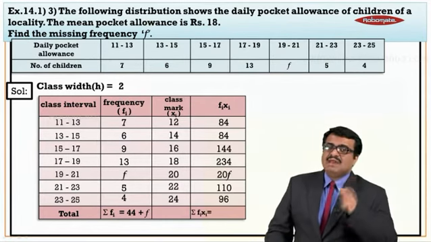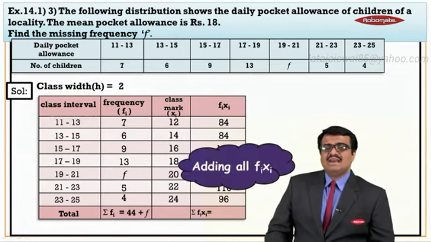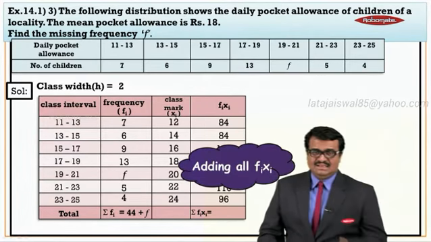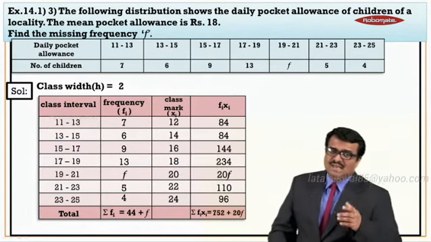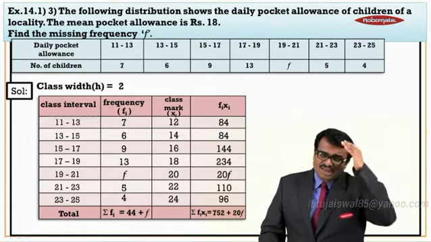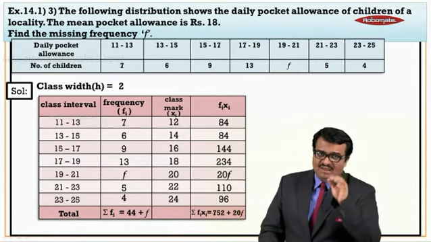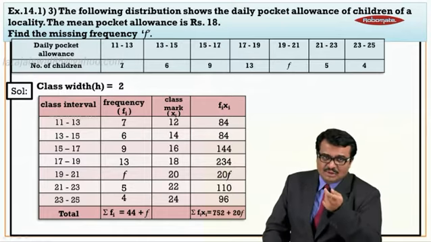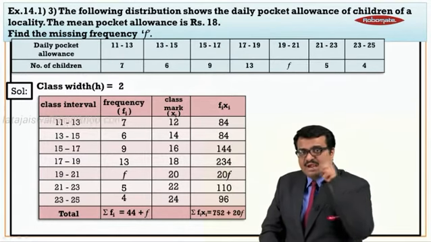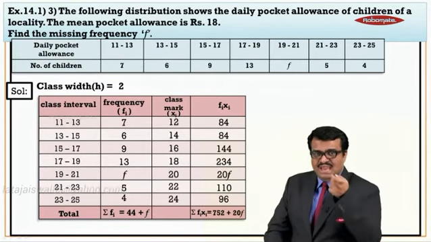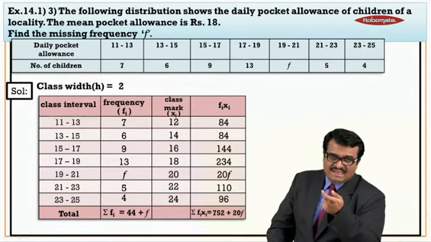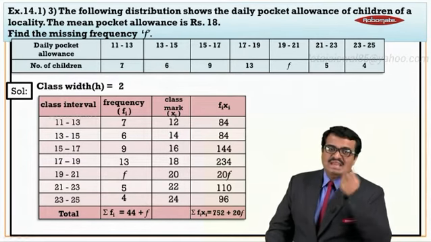Similarly, we will find sum of Fi Xi by adding all the Fi Xi. If you add all the numbers except the 20F, you will get 752, and then you add 20F to it. So sum of Fi Xi is 752 plus 20F.